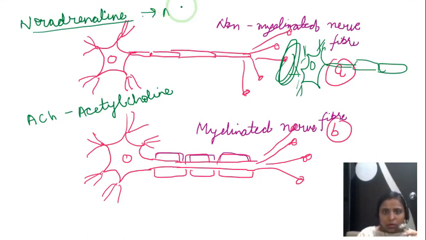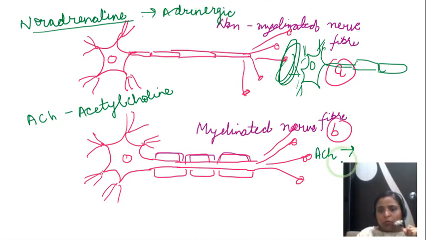It would be adrenergic, right? And for example, if the neuron is releasing the neurotransmitter acetylcholine from the synaptic vesicle, then that neuron would be called a cholinergic nerve fiber or neuron, right?